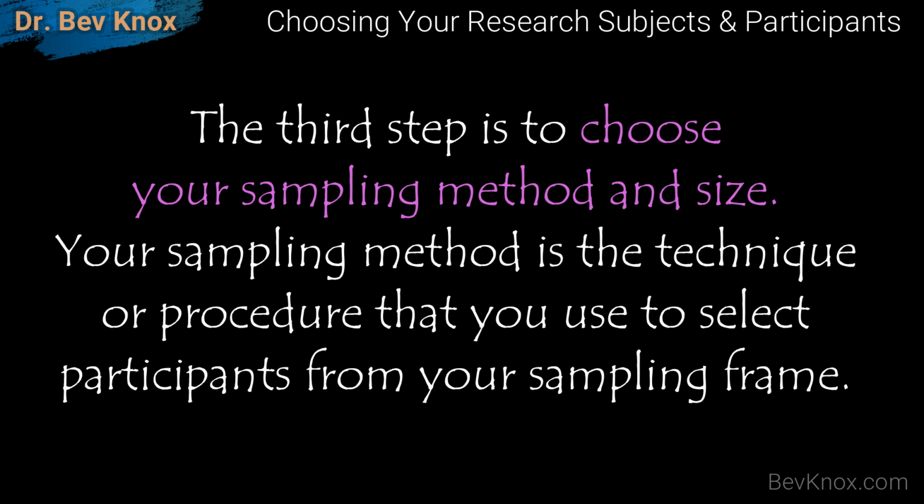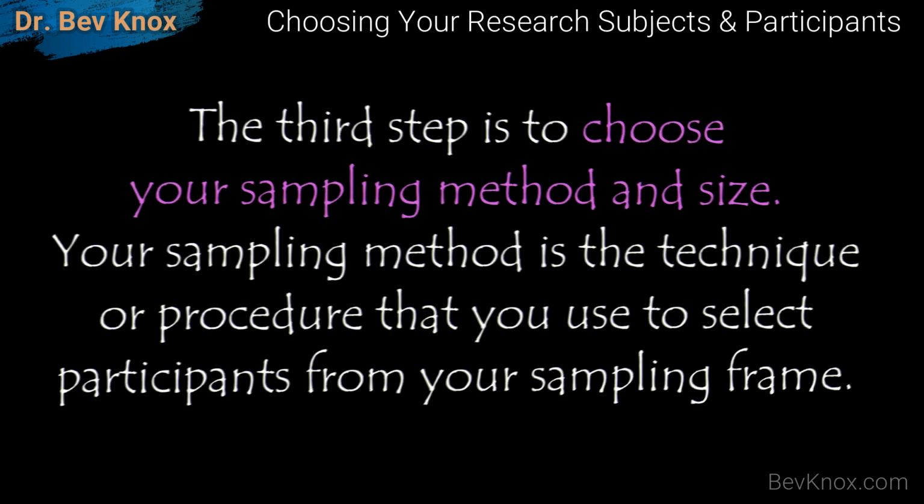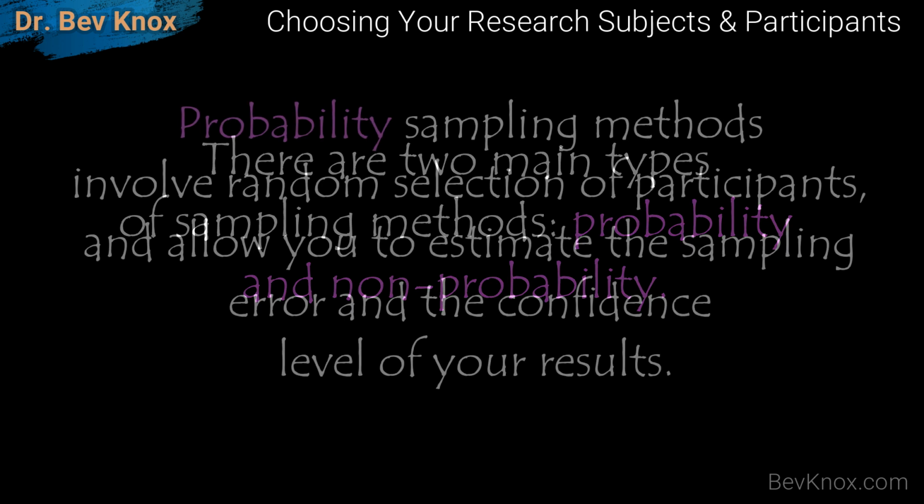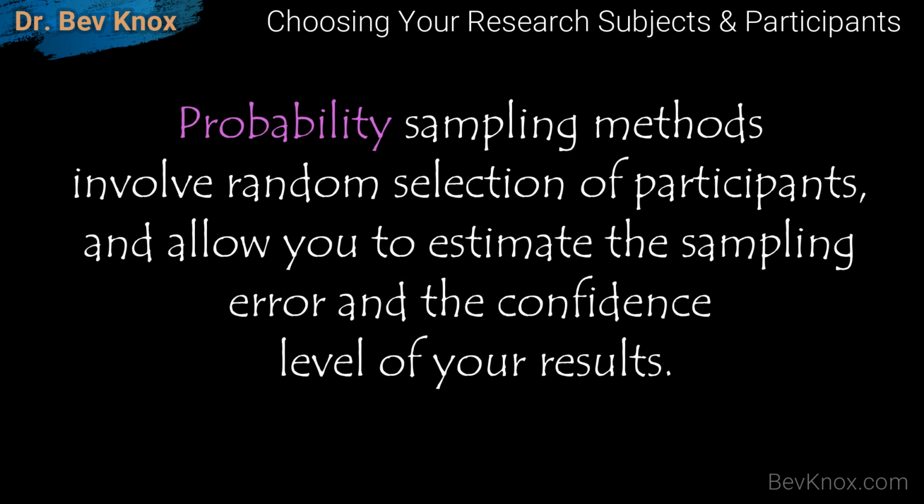Okay, the third step is to choose your sampling method and size. Your sampling method is the technique or procedure that you use to select participants from your sampling frame. There are two main types of sampling methods: probability and non-probability. Probability sampling methods involve random selection of participants and allow you to estimate the sampling error and the confidence level of your results.